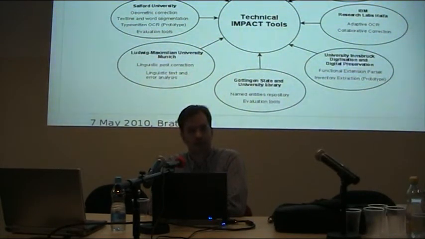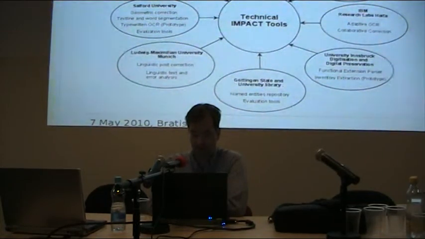Take, for example, the page number. They develop a system which enables you to identify what the page number on a page is, and how the page borders look like, and so on. This is the Functional Extension Parser. And we have a prototype developed at the University of Innsbruck, which is the inventory extraction tool.